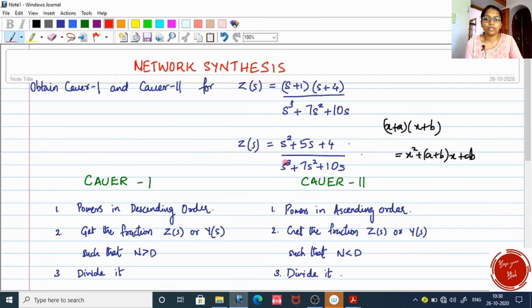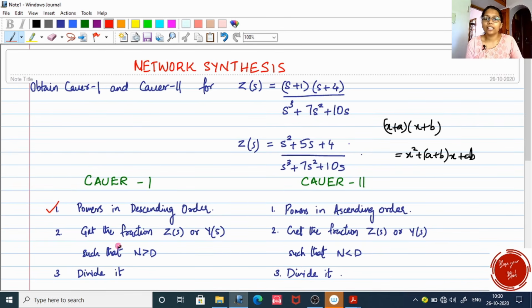For this Z of s it is correct: s raised to 2, s raised to 1 and s raised to 0, a simple number meaning s raised to 0. And in the denominator, it is s raised to 3, s raised to 2, s raised to 1. So this rule is done for Z of s.